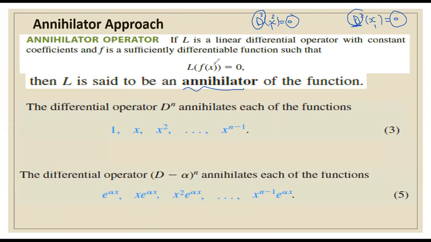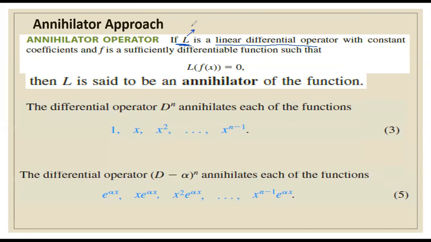Now, notice the differential operator isn't necessarily D squared or D cubed. Maybe it's a linear combination of them. As I explained yesterday, a linear differential operator L contains some derivatives of my function, like D squared plus 3D plus 7D to the power 4, I'm not sure.